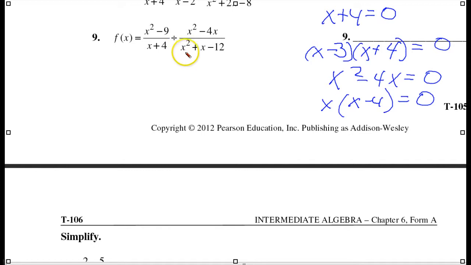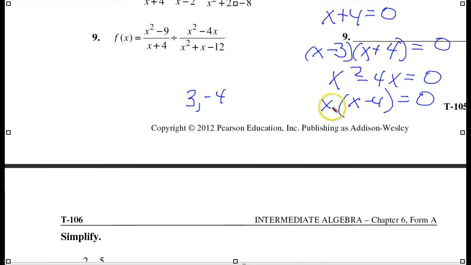So we have to look at this one as it is in the denominator of this fraction, which is what I have right here. So we can't have a 3 and we can't have a -4 there. But later this will become the denominator when we actually change it to multiplication.